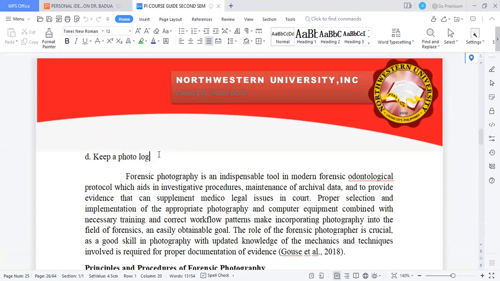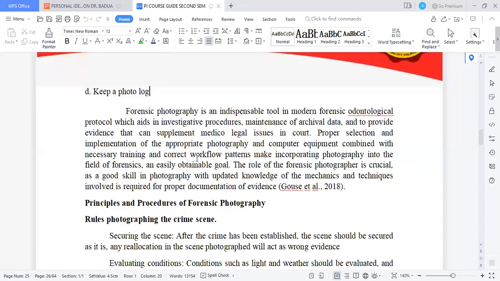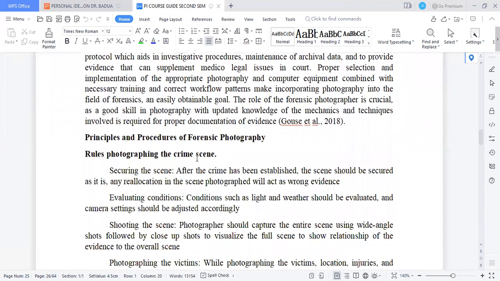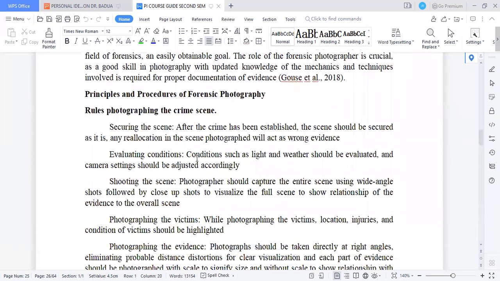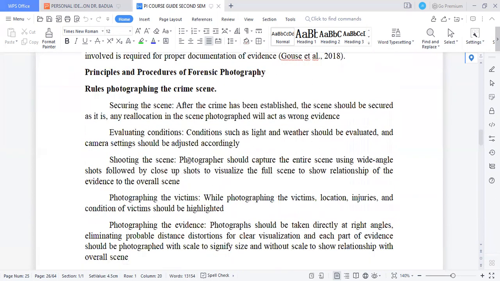In keeping a photo log, you have to make an inventory of all the photographs that you have for your references. So we have here also the different rules in photographing the crime scene. Make sure that you secure the scene. You have to evaluate the conditions. You shoot the scene, and you photograph the victims.